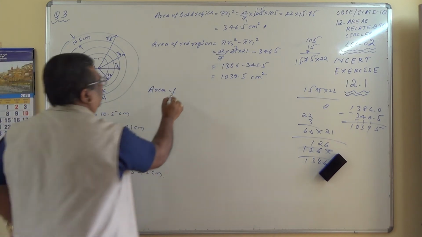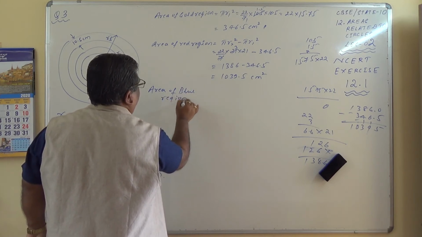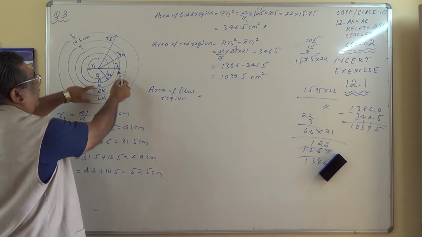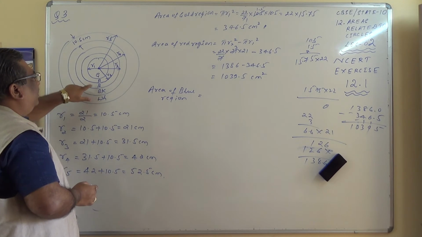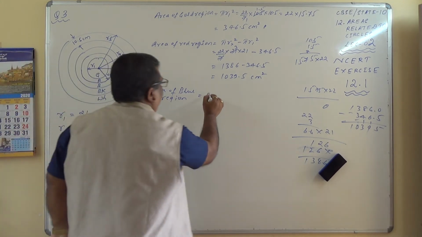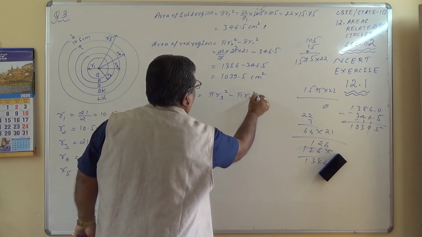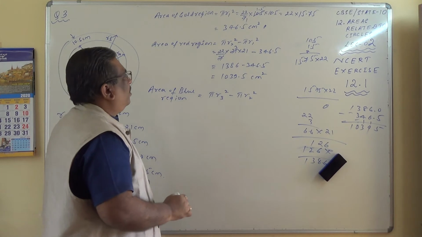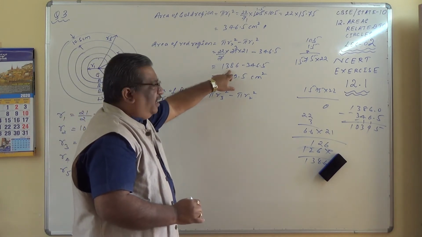Now next, area of blue region. Area of blue region is equal to, for blue region radius is R3 here, pi R3 square minus pi R2 square. Now here important, the value of pi R2 square is over here.